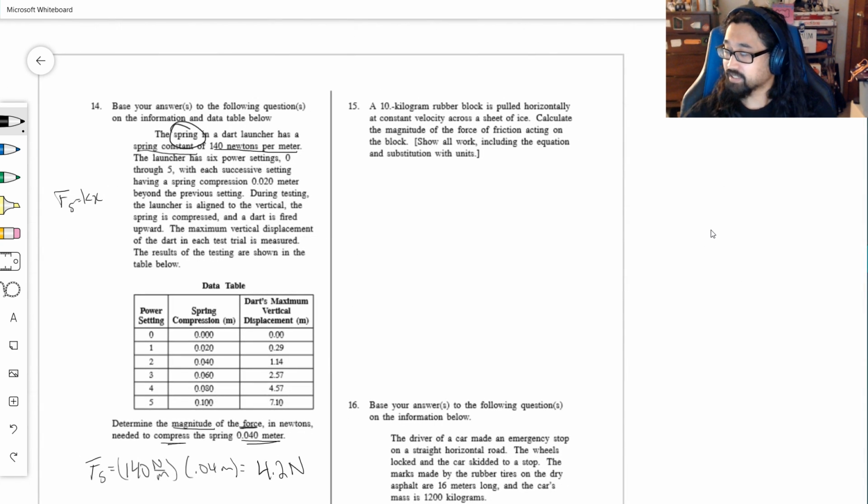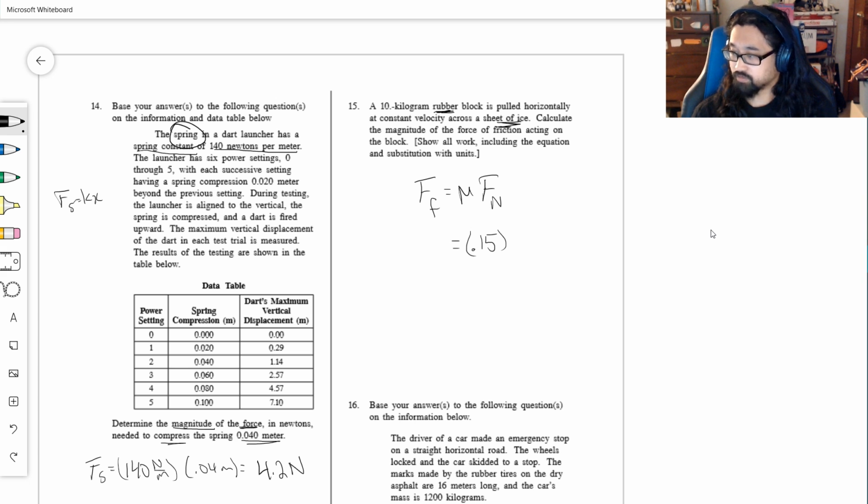All right. A 10 kilogram rubber block is pulled horizontally on a sheet of ice. Calculate the magnitude of the force of friction. So I need the force of friction, which equals mu times the normal force. The mu, I believe, is 0.15.